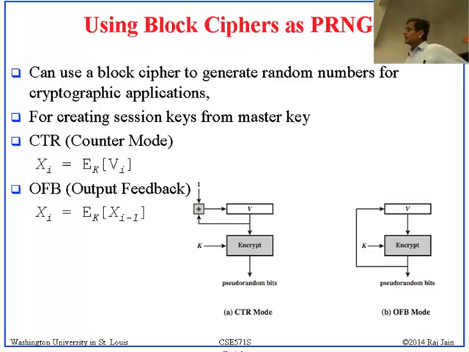You can also use X9.17, which is a standard for pseudo-random number generation, and this uses 3 triple DES blocks. So EDE is one triple DES, EDE is another, and EDE is another. There are 3 of them, and you use 2 keys. For triple DES, you need 2 keys.